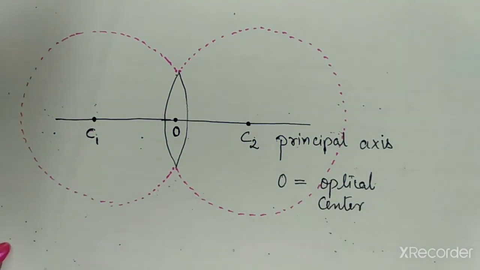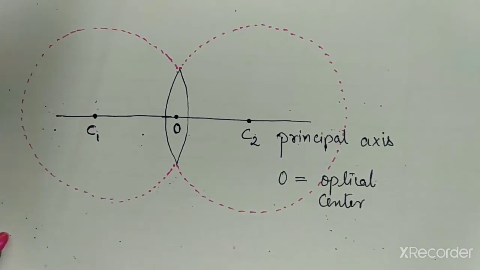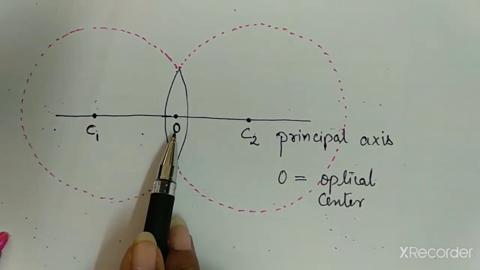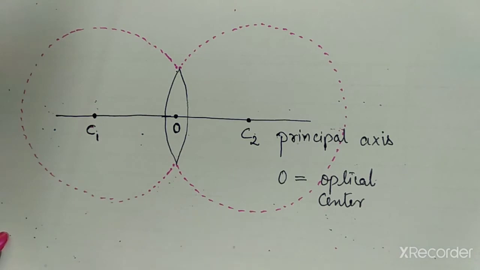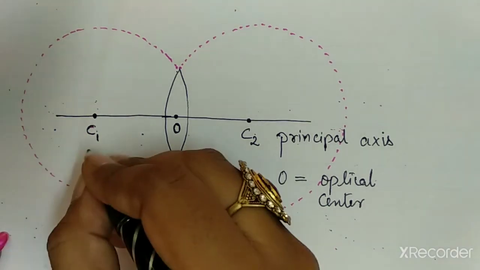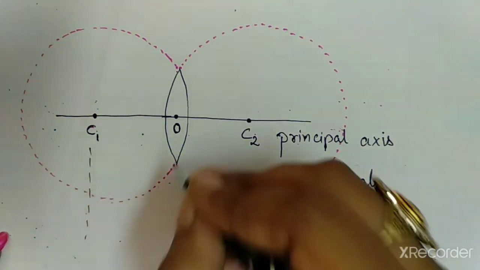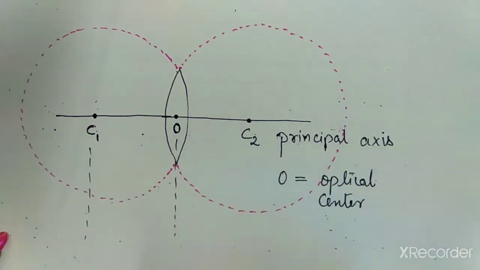So C1 and C2 are the centers of curvature, and the distance between optical center and C1 is known as radius of curvature. So if I calculate this distance, this will be the radius of curvature.